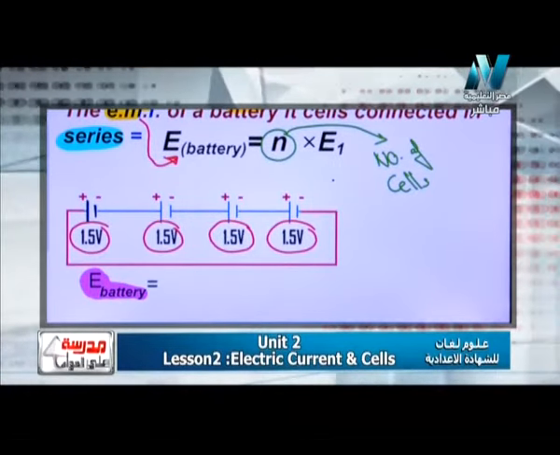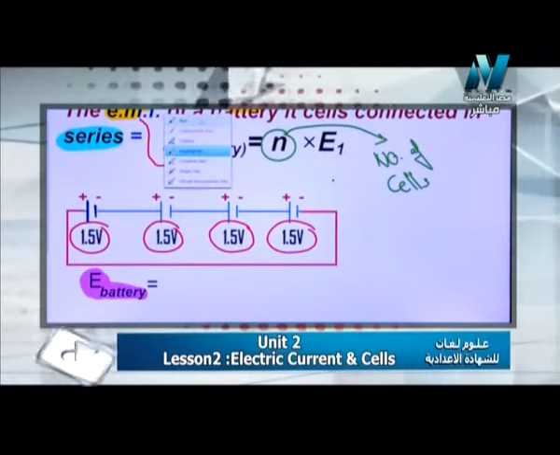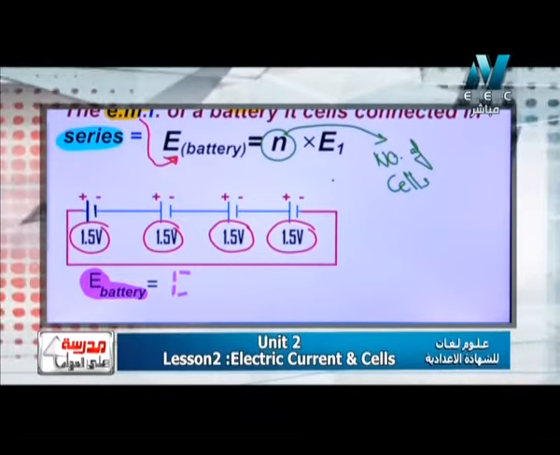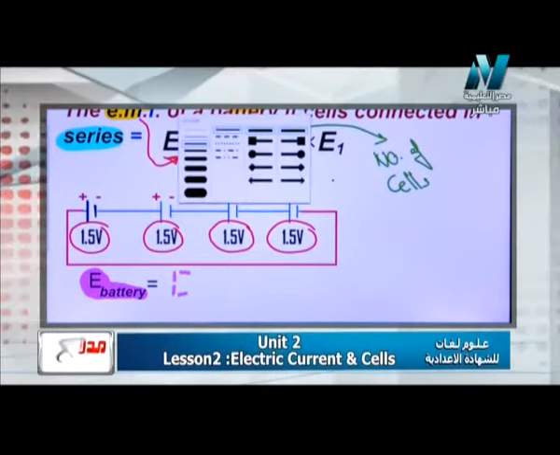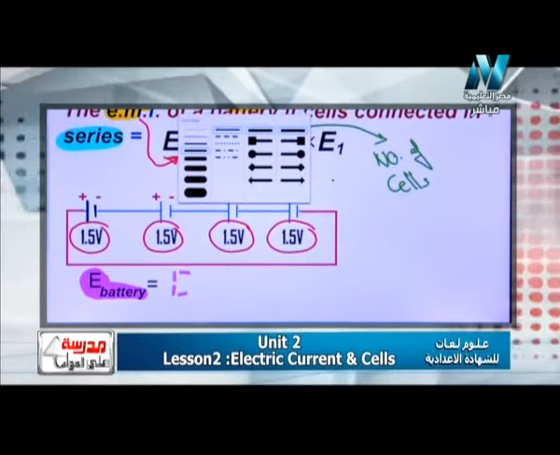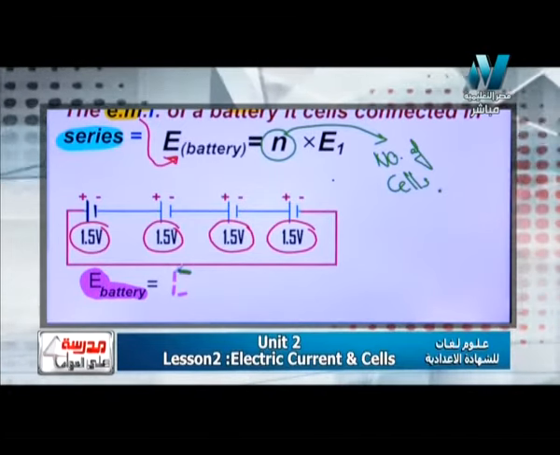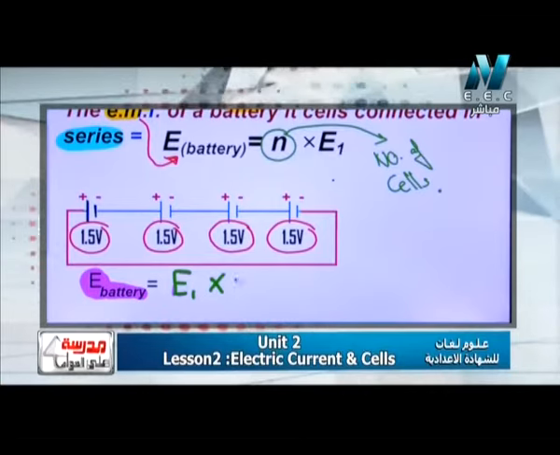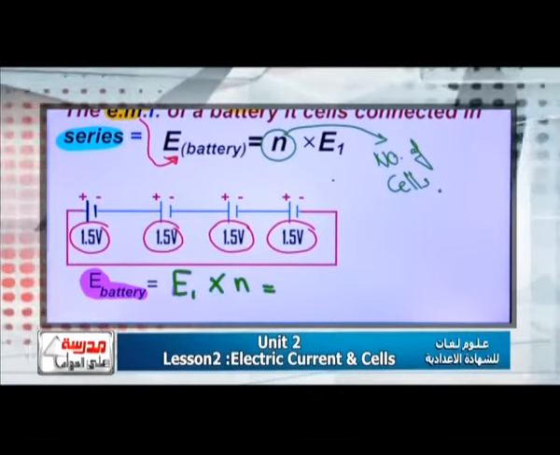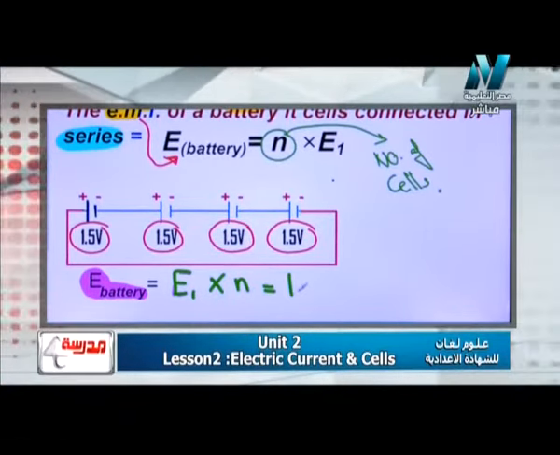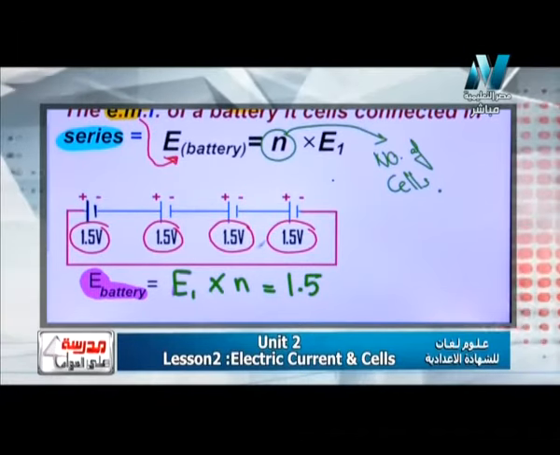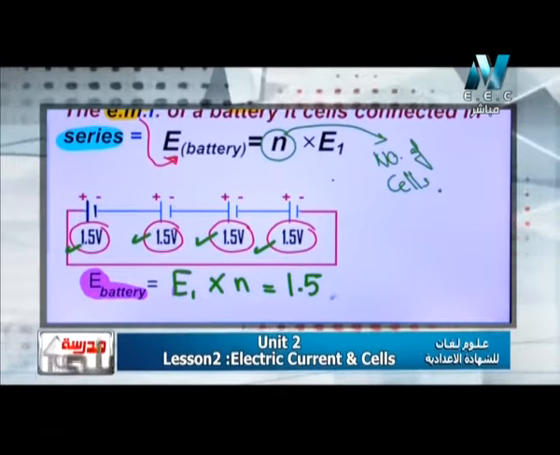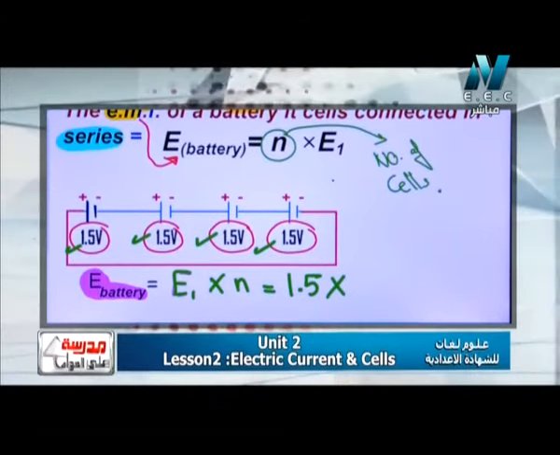E1 times N. E1 equals 1.5 volts, each one of them has 1.5 volts, times the number of cells: 1, 2, 3, 4.